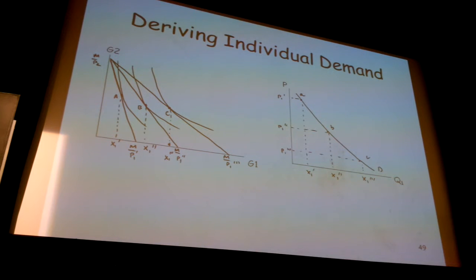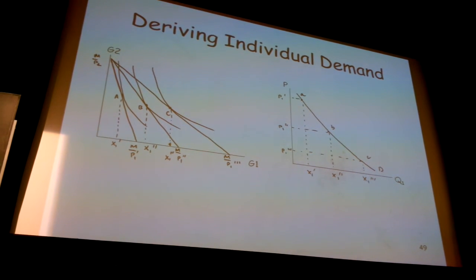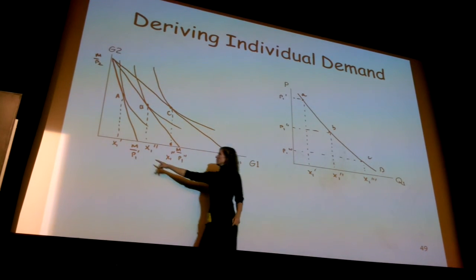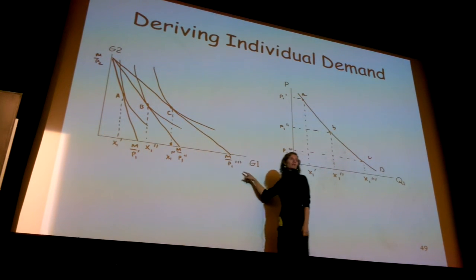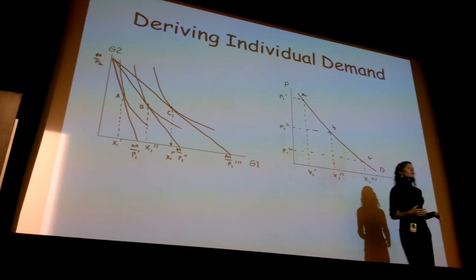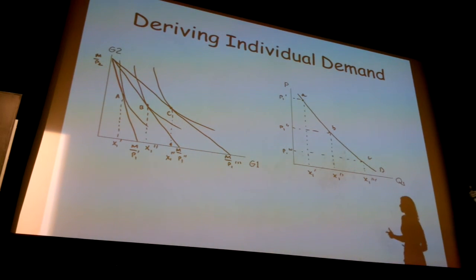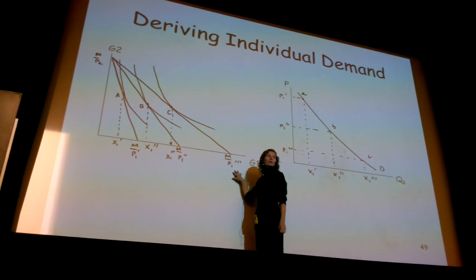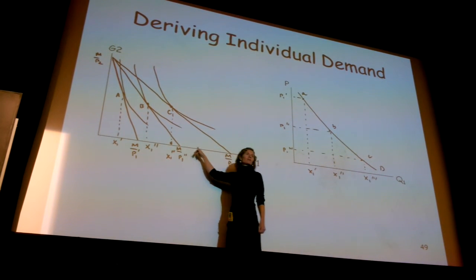Yeah? Yeah, so if you want to use different notation, go right ahead. In retrospect, it might have been cleaner if I had just done P1, P2, and P3 or something like that. It's hard because we're keeping track of the price of multiple goods, so I've been using the subscripts for the goods and the primes for different levels.